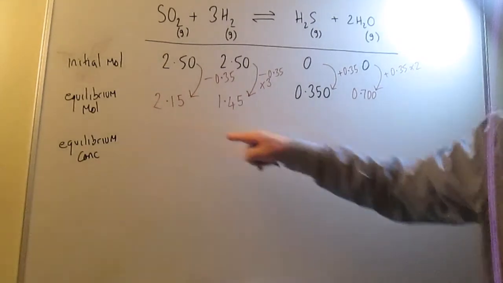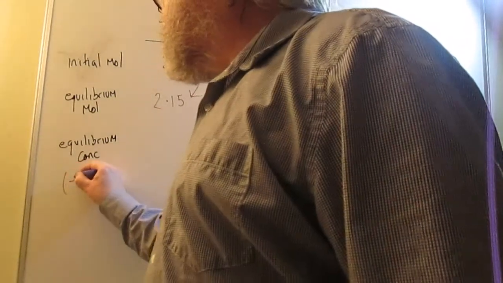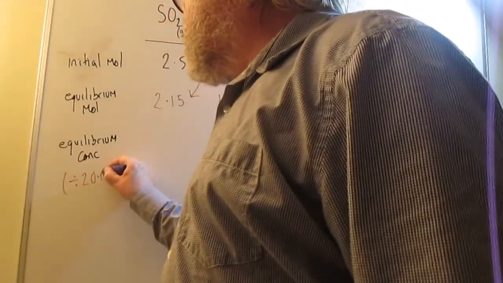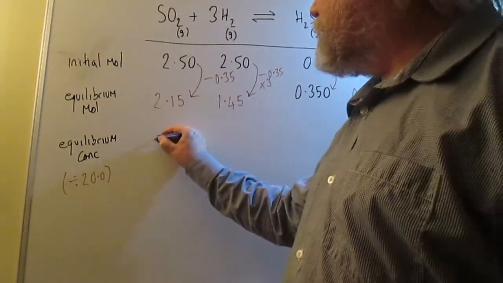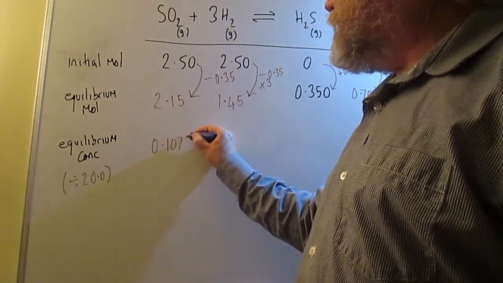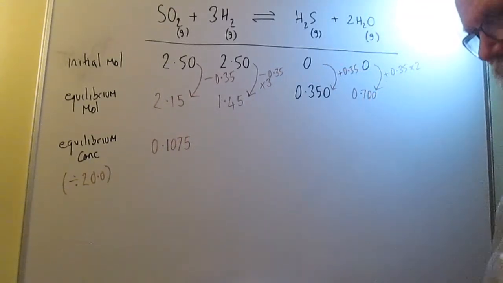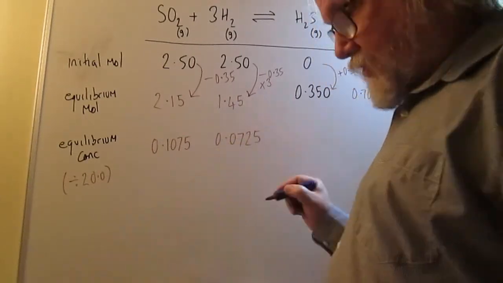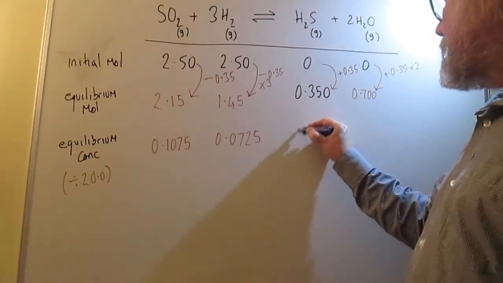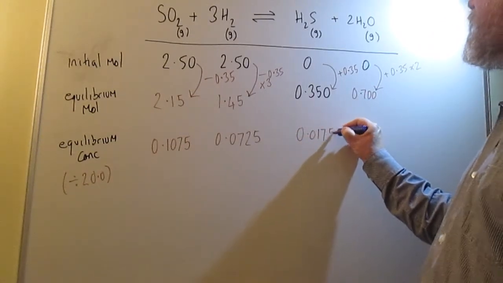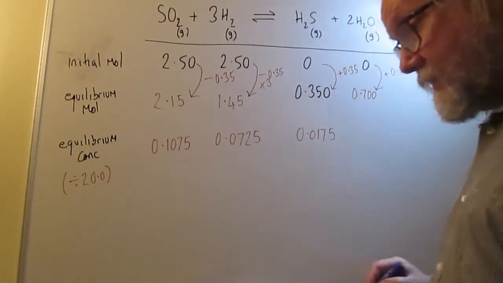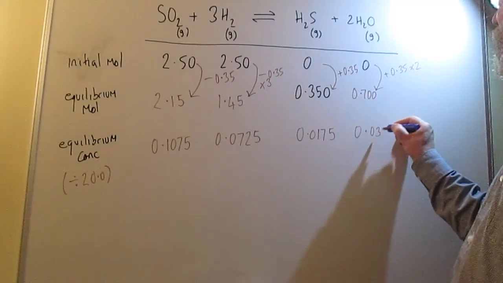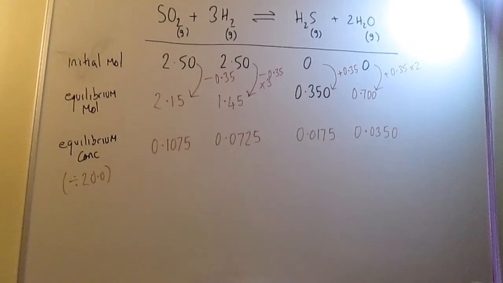So we just have to divide each of these numbers by 20.0, and we get 0.1075 for the SO2, and we get 0.0725 for the hydrogen, 0.0175 for the H2S, and 0.0350 for the H2O.